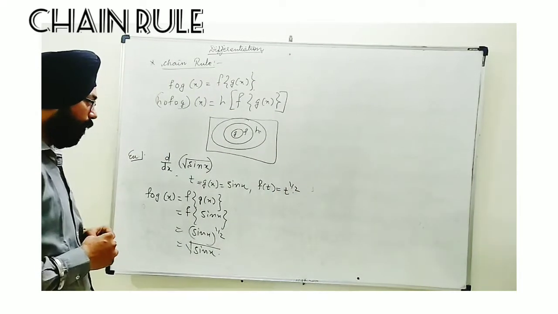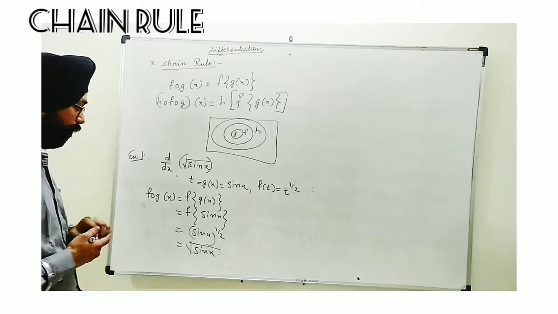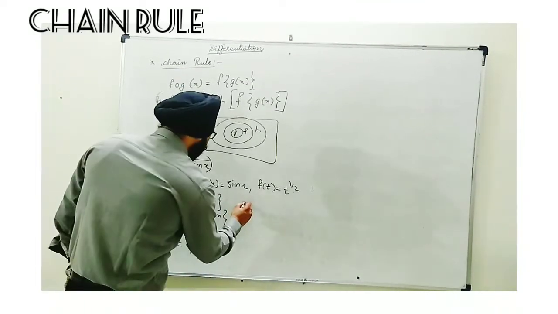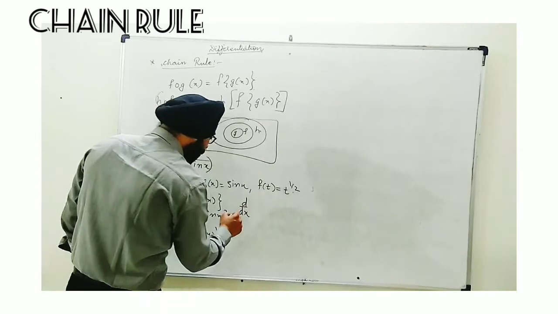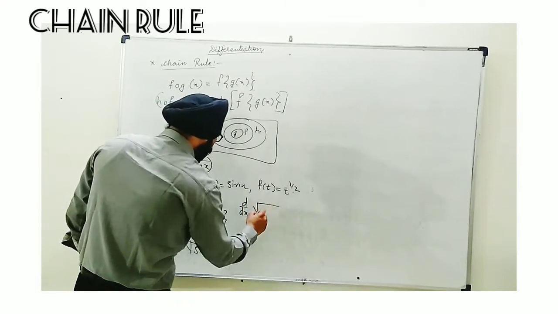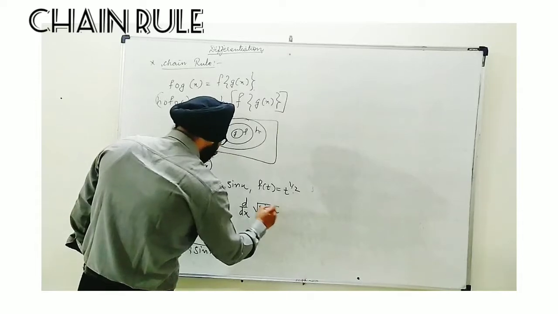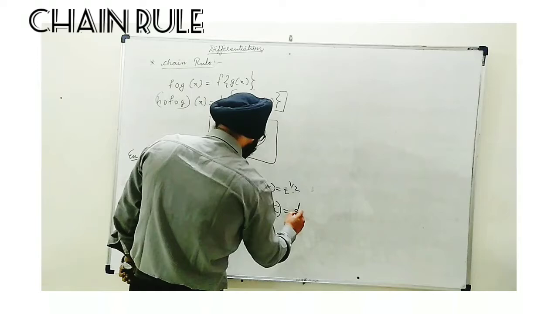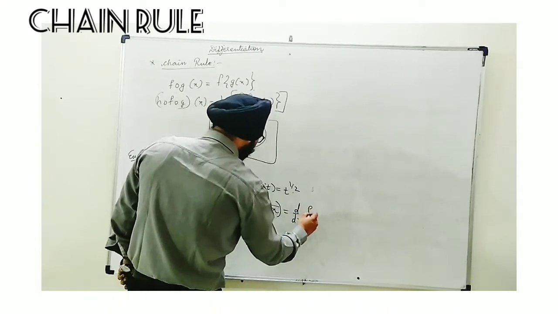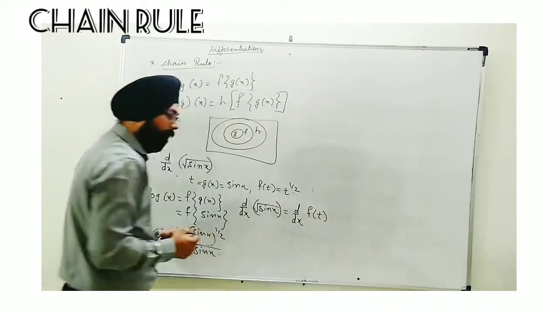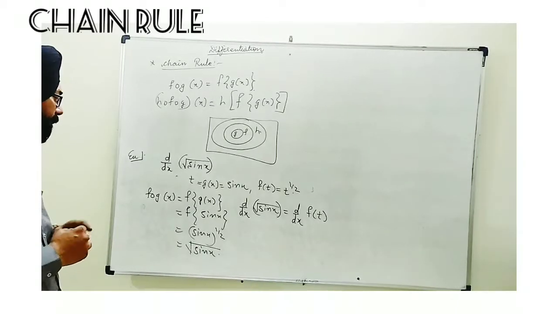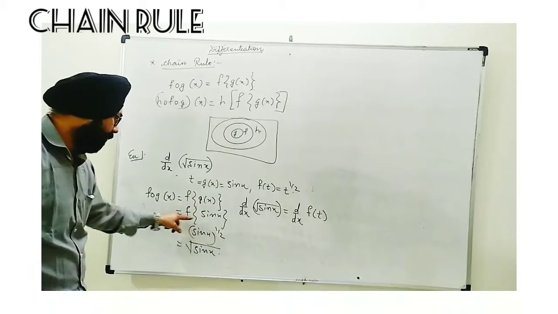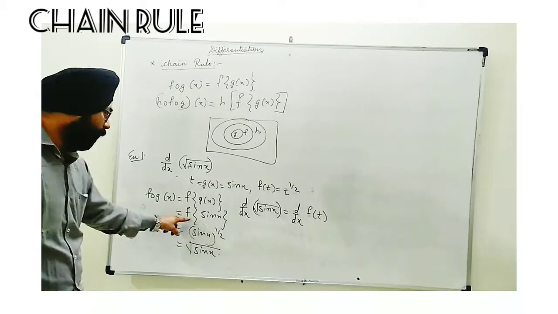Now when we differentiate d by dx of root sin x, we are differentiating f of t. Why f of t? As you can see, first of all it was g(x), which can be written as t here. So f o g of x is equal to f of t.